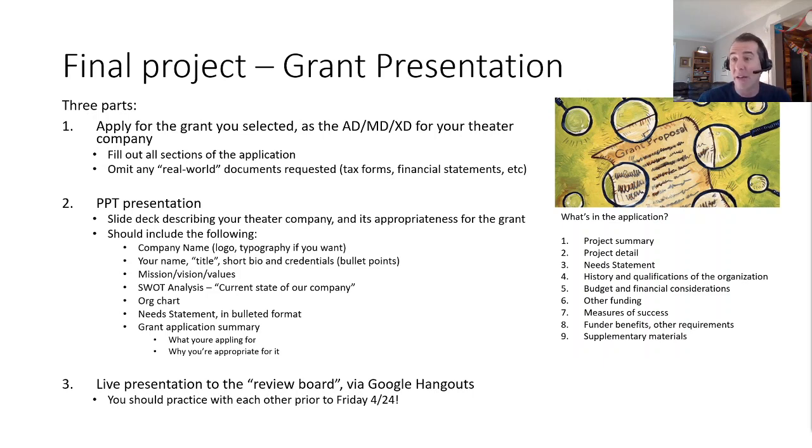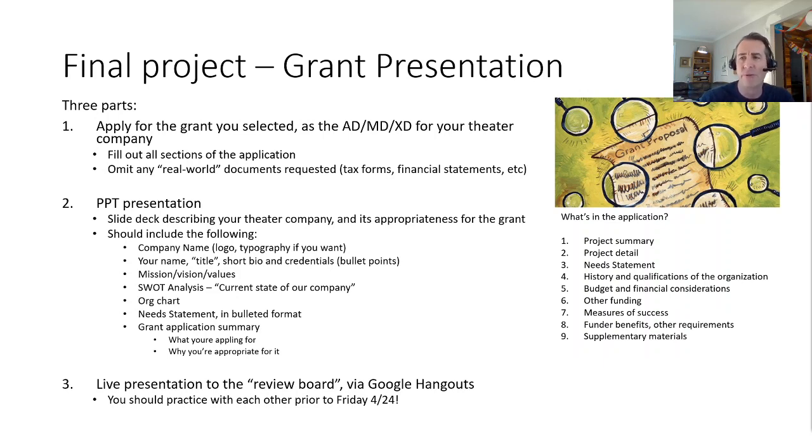Your mission, vision, and value statements, which you've worked on, and the SWOT analysis, which you can flesh out a little bit more given some of the additional information that we've covered in this course, basically to give the current state of your company. An org chart. The need statement, whatever you've come up with for the need statement.